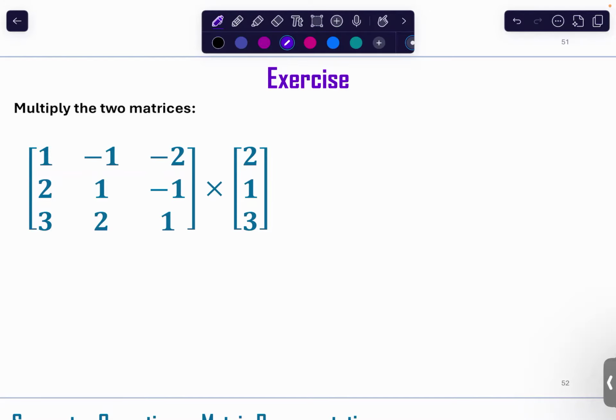Okay. I guess 1 times 2 plus -1 times 2 plus -2 times 2. Not times 2. Oh, I didn't move down the column. My bad.